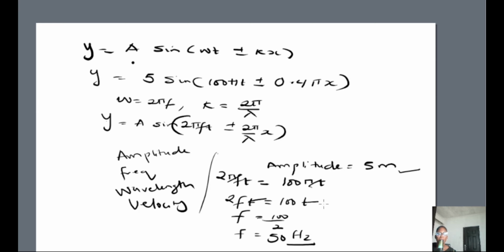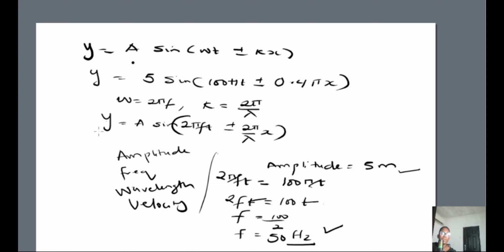So we have checked the first one. Amplitude checked. Frequency checked. Let's go to the next one, our wavelength. Just as you know already, k, which is 2 pi over lambda, is our k. So we are going to equate this to the 0.4 pi x.